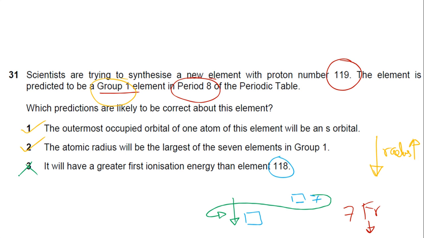So 3 is incorrect. You see that in the case of helium and lithium, right? Helium is at the very top, and suddenly you see a drop from helium to lithium. The same exact thing happens here. So 3 becomes wrong, and therefore if 1 and 2 are correct, let me remember the options. Yeah, so the answer would be B. Yep, that's 1 and 2.